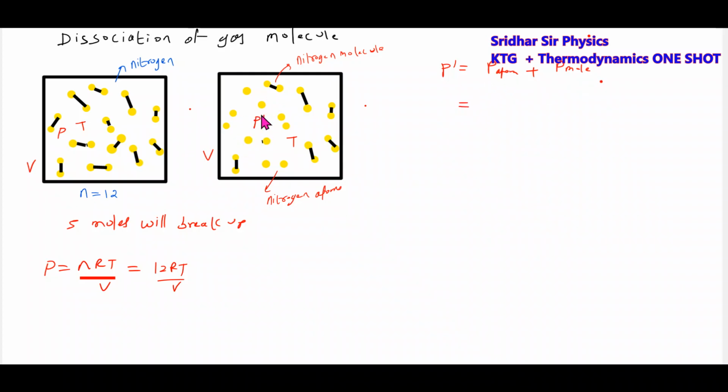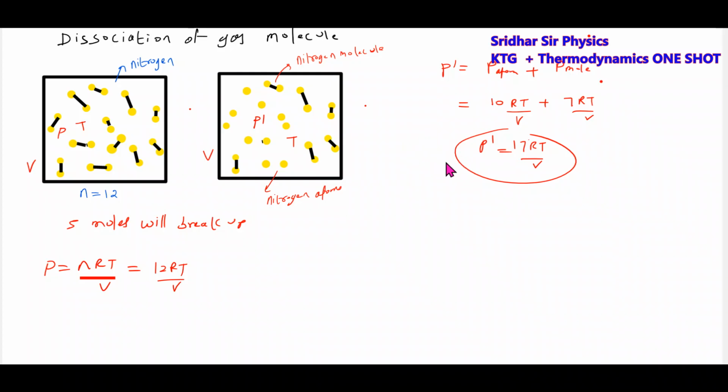Actually here 5 moles will break up, so 10 moles of atoms, giving 10RT by V. How many are left over? 7 will be left over, giving 7RT by V. So 17RT by V will be the new pressure.